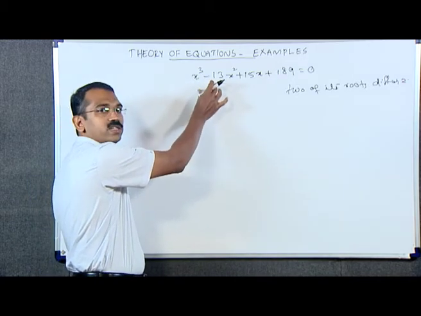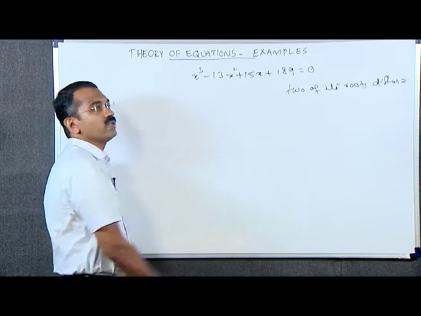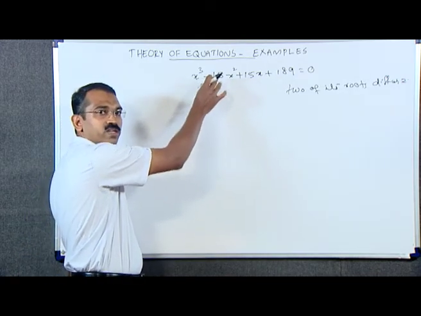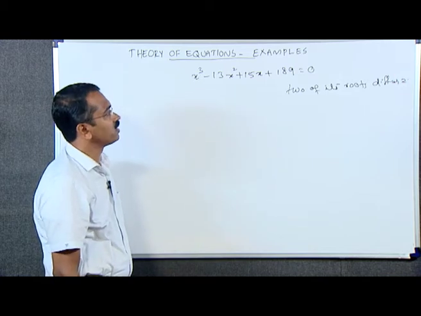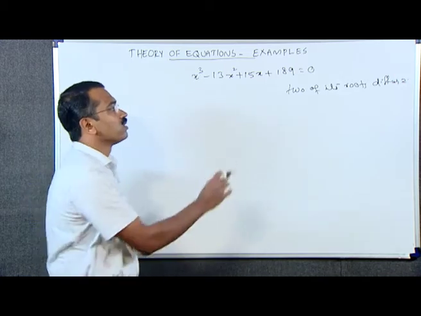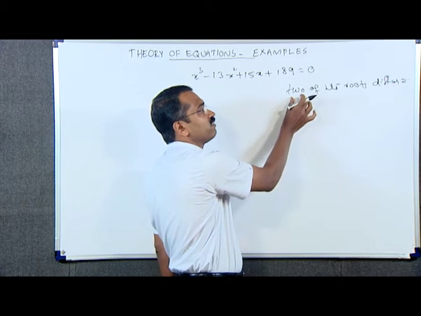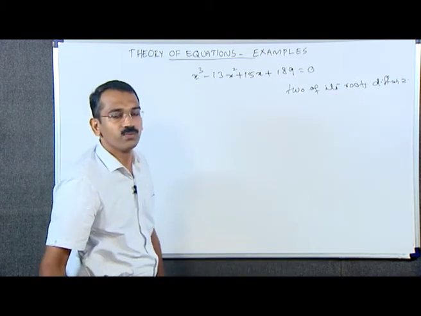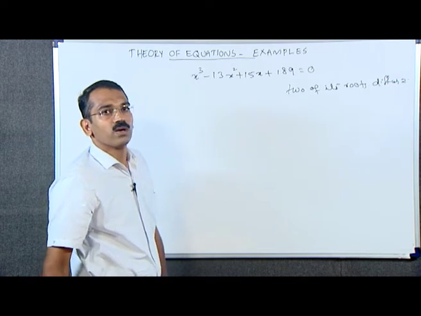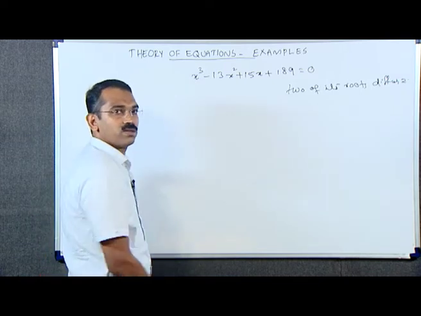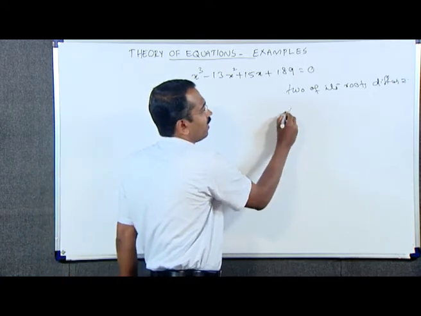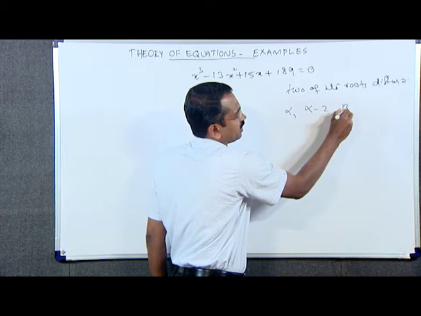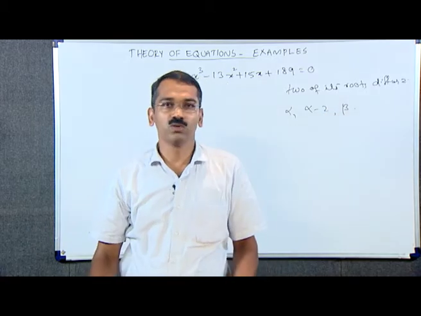Here the given equation is a third degree equation. Therefore, by the fundamental theorem, this equation has 3 roots. A condition is given, which is that two of its roots differ by 2. Assume that alpha, alpha minus 2 and beta are the roots.